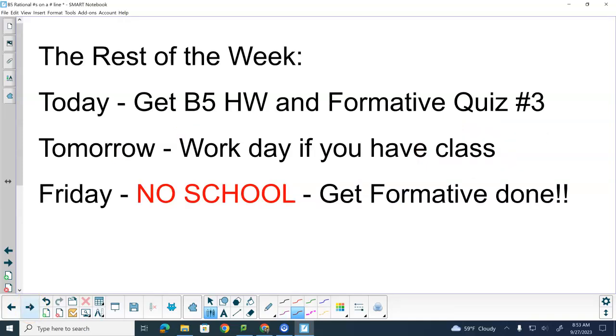Today, you're going to get two things. You're going to get your B5 homework, that's going to be gold. You're going to get a green formative assessment. This formative assessment is going to be your Friday work to do during the day. B5 is going to be due tomorrow.